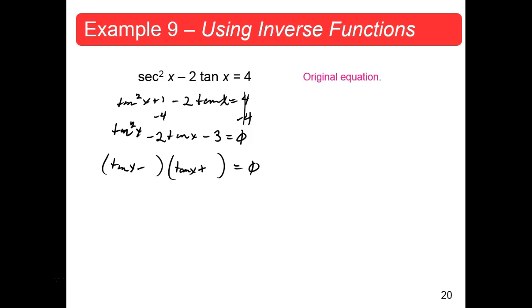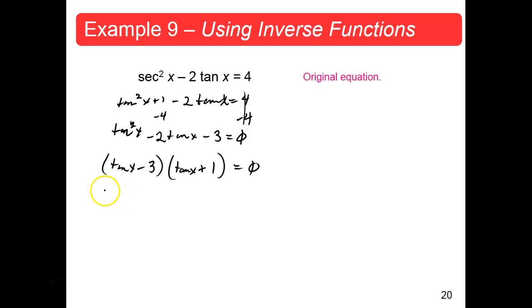Well, the only two numbers that multiply to be 3. Absolutely. It's 3 and 1, and put the 3 with the minus, because the minus wins here, and the 1 with the plus. You can multiply it through and check it. It checks.